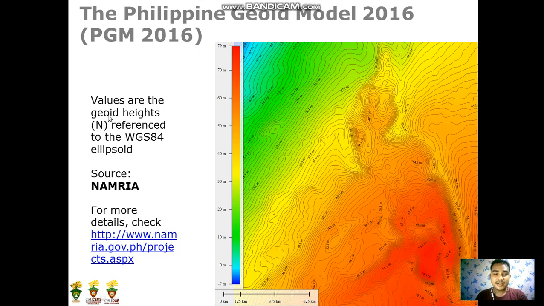The values are the geoid heights or N, referenced to the WGS ellipsoid, since WGS is the worldwide adopted ellipsoid.